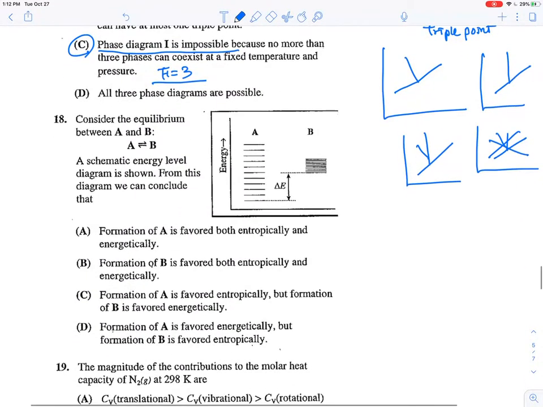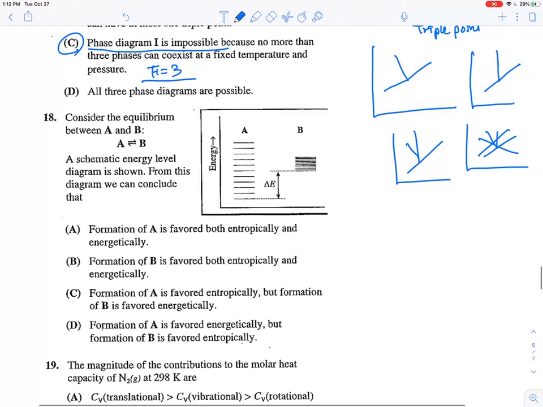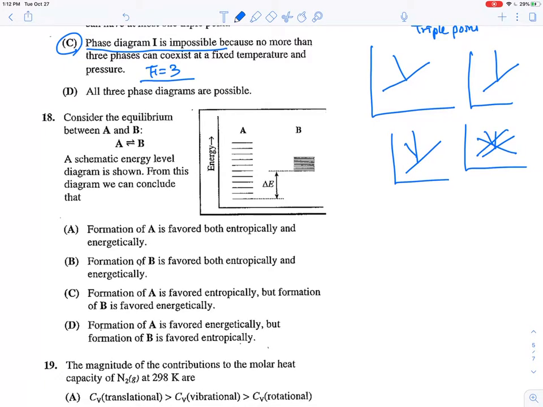Okay. Number 18 is some concept that I didn't discuss with you, and so here I have to discuss. I hope I'm right on this kind of scenario. So this is an energy diagram for A, and B is the energy levels of different states.